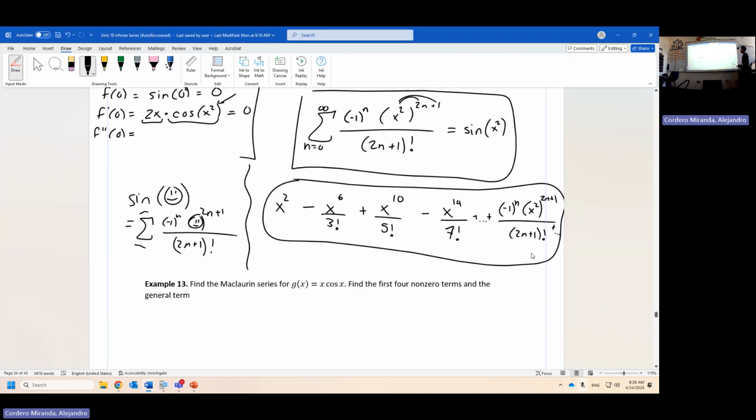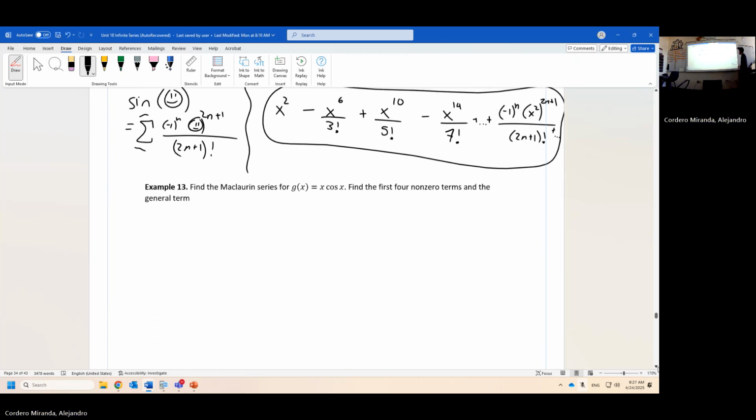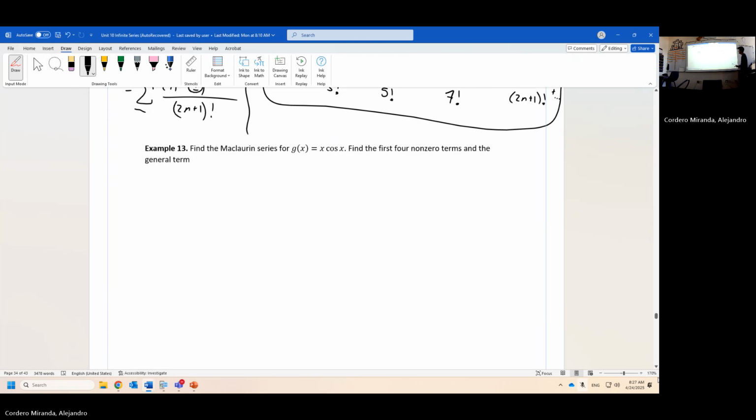Now it says find the Maclaurin series for x times cosine and the first 4 terms. So again, use the same shortcut as before. See if you remember the cosine series.